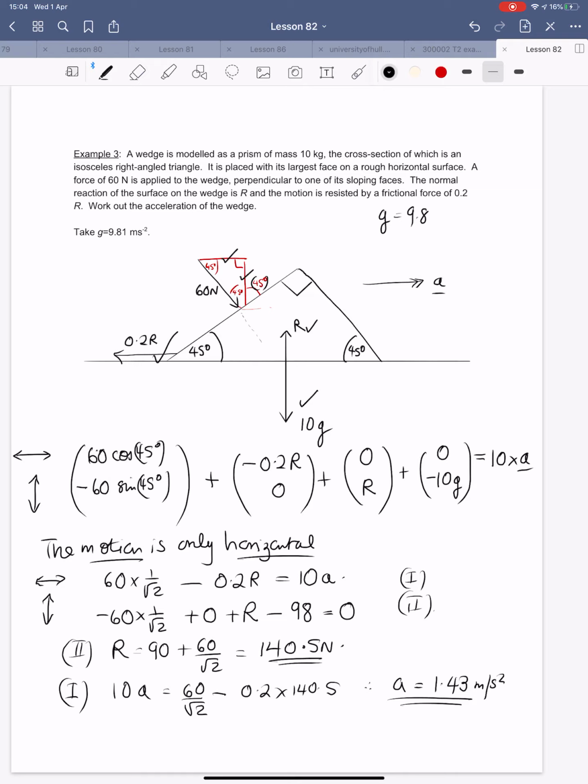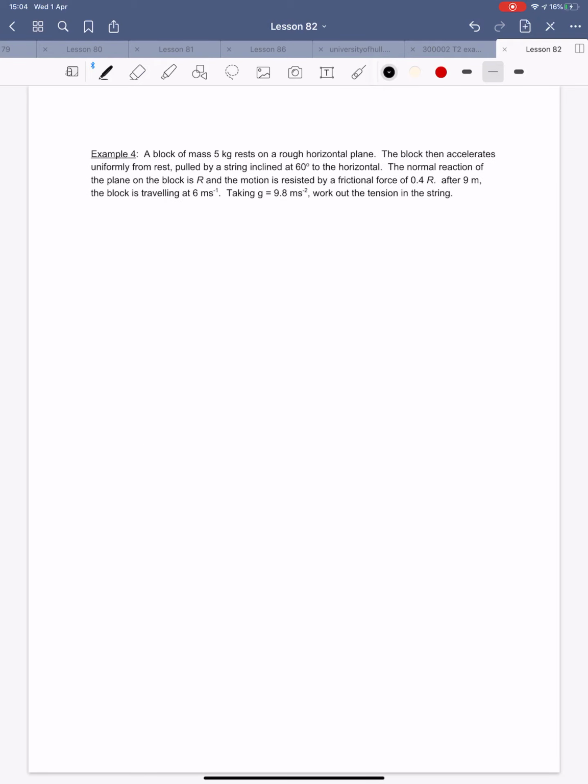Okay, example 4 now. A block of mass 5 kilograms rests on a rough horizontal plane. The block then accelerates uniformly from rest, pulled by a string inclined at 60 degrees to the horizontal.